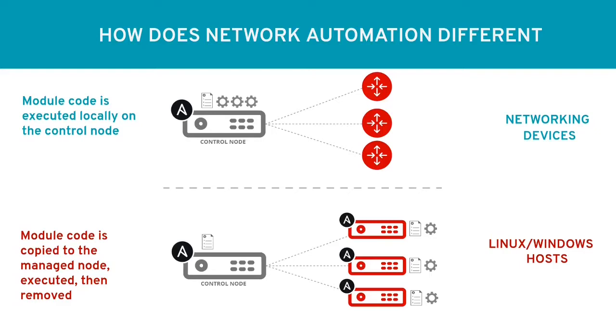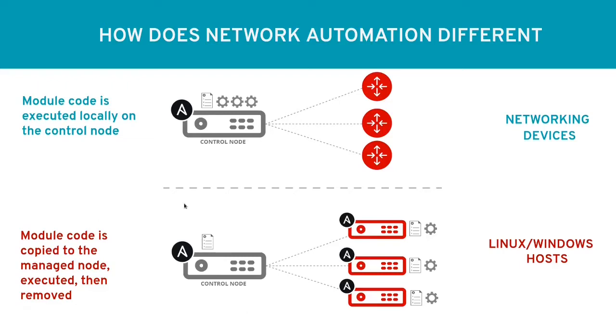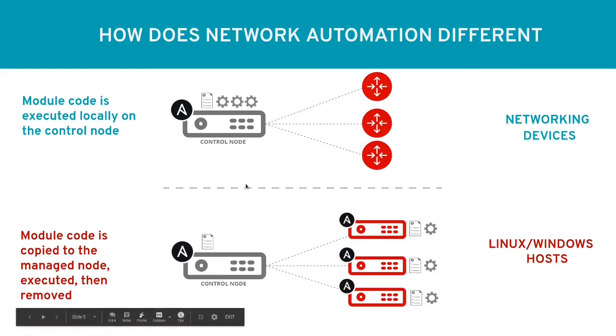So basically, when it comes to Linux or Windows host automation, you could see that module code is copied to the managed node and executed, and then later on removed once the task got executed. But in case of network automation, many devices don't support Python yet, and that's why the idea is to basically execute the module code locally on the control node.